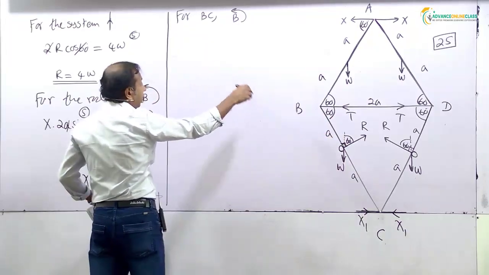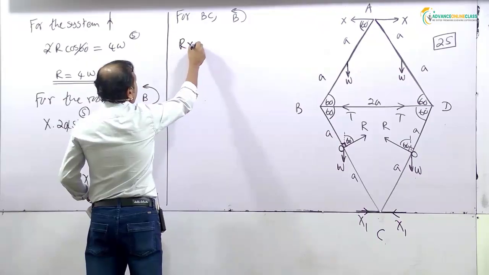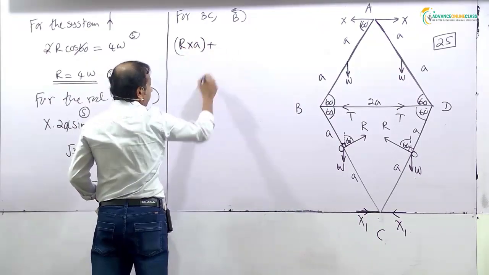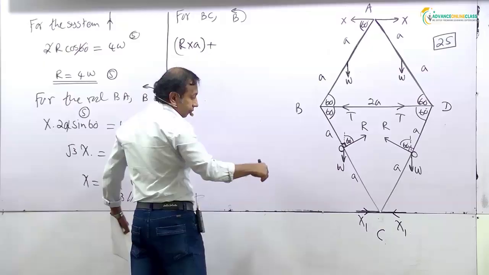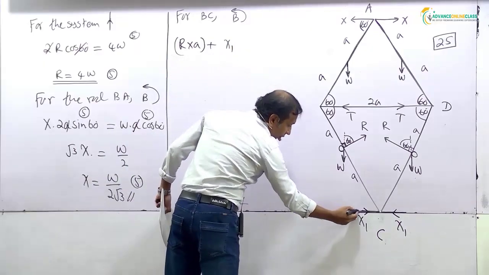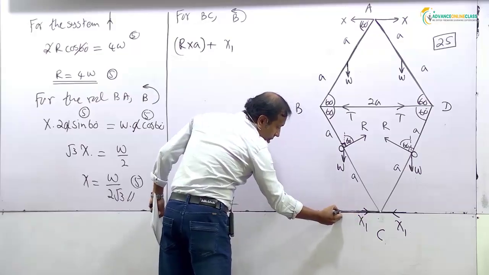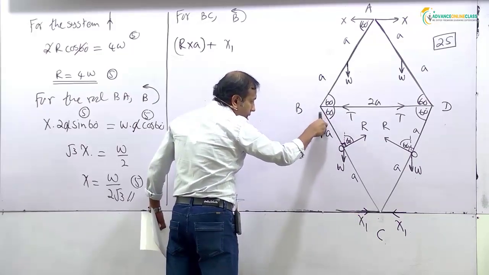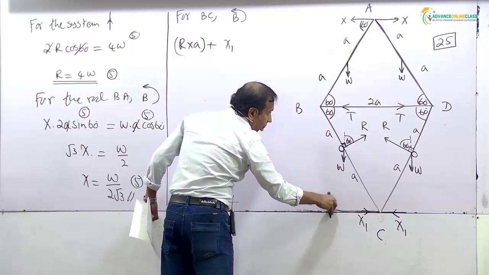R into A plus X1, the perpendicular distance here. We can drop a perpendicular here.